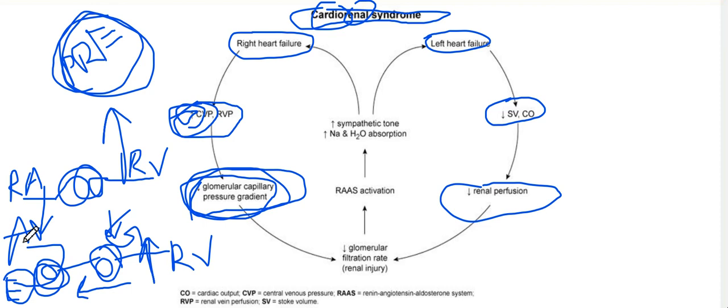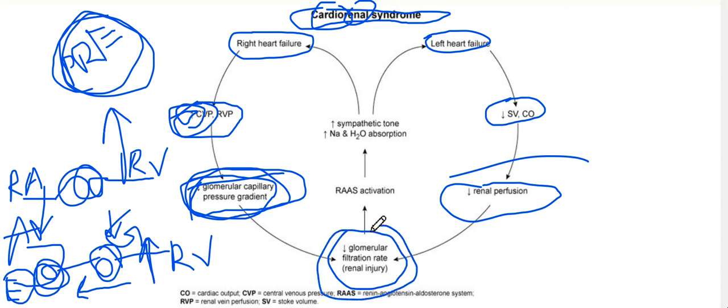So that ultimately leads to the decreased glomerular capillary pressure gradient. So one thing here and one thing here, both of these lead to decreased glomerular filtration rate.